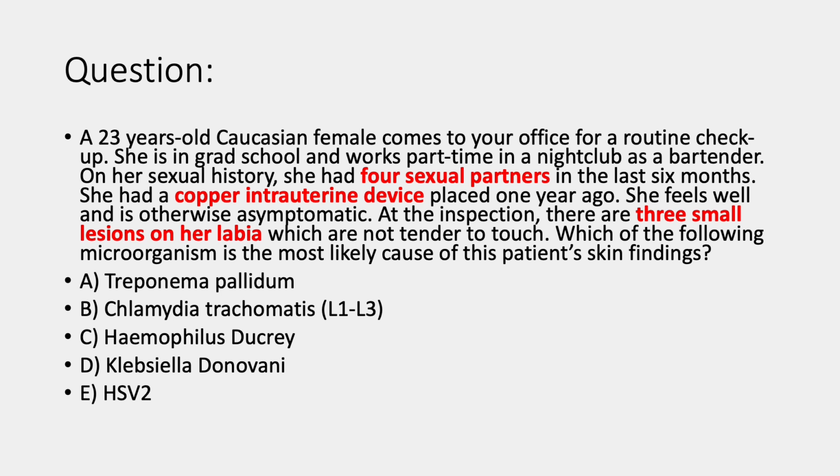Now that you have understood that this is a genital ulcer question, the first step to reach the right answer is to proceed through an elimination process. The first step of this elimination process is to understand if this patient has a painless or painful genital ulcer. This is step one, and this is the most important step in approaching and solving genital ulcer questions.